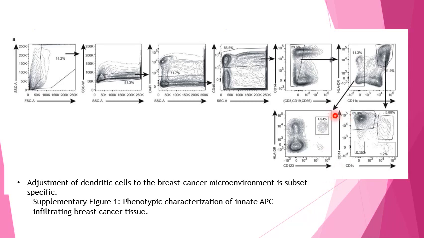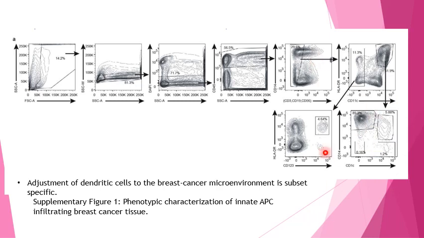I'm assuming they were trying to gate out the rest of the monocytes, and then these were their dendritic cells. Monocytes are pretty common to use with dendritic cells just because there are monocytes that are derived from dendritic cells. So that looks like the type of gating strategy that they were going for here.